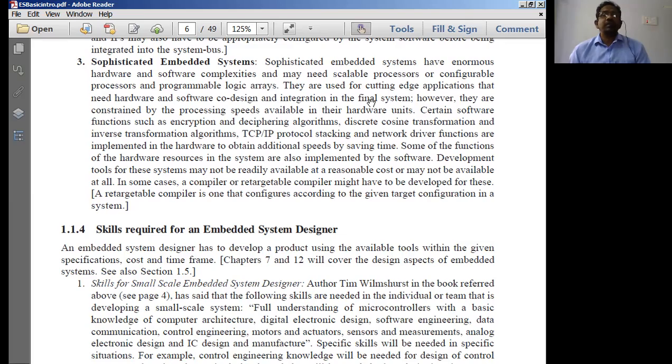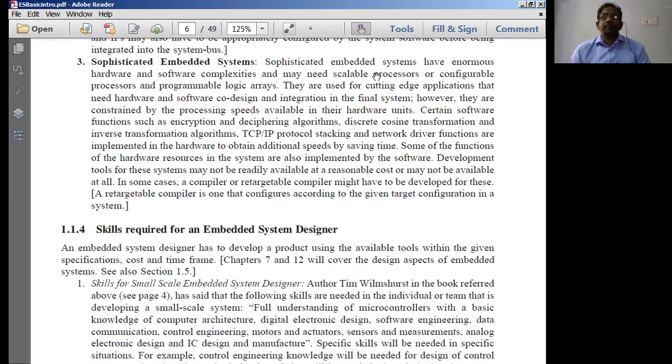So they are used for cutting edge applications, like very advanced robotic applications that need hardware and software co-design and integration in the final system. Now what happens here is the hardware and software have to be designed parallelly.